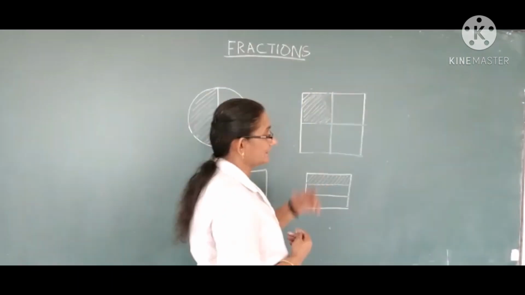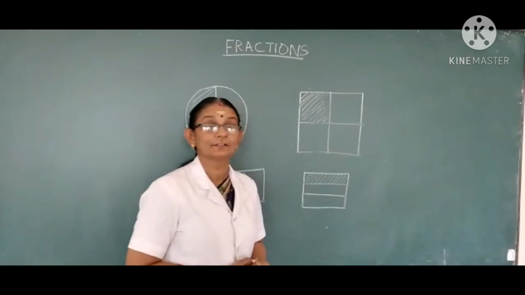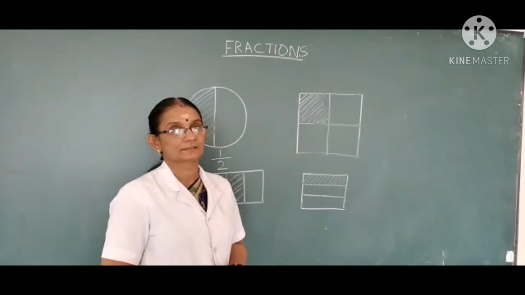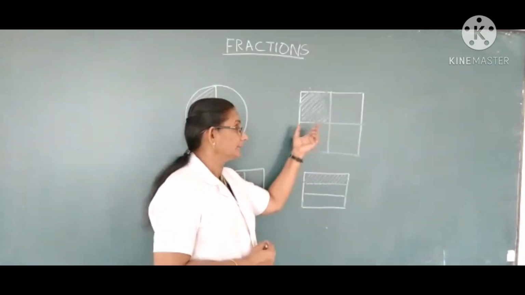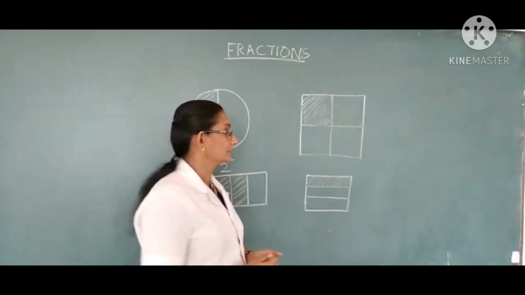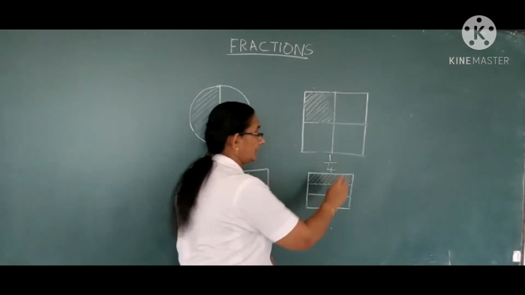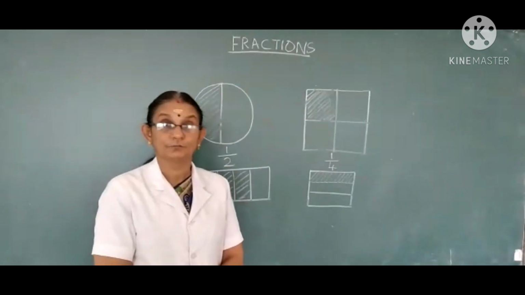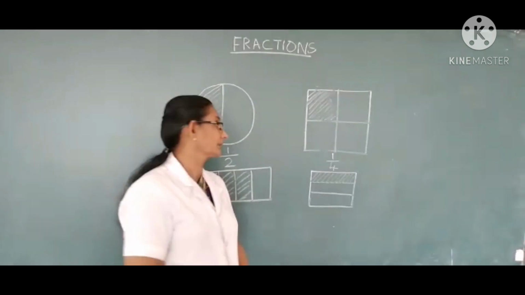Now let us see the next picture here, and here the square is divided into 4 equal parts, and you take away one part out of the 4 parts, which is written as 1 by 4, and we read it as 1/4 or quarter. Okay?